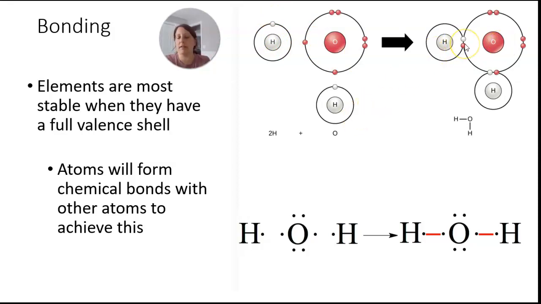This isn't truly a Bohr model. And this is how we would do it with a Lewis dot structure. This shows hydrogen's unpaired electron and oxygen's. These are going to bond, and this red line represents a covalent bond. The same thing is going to happen on the other side of oxygen, and so we end up with H2O. This is an example of bonding, and specifically, an example of covalent bonding where electrons are shared.